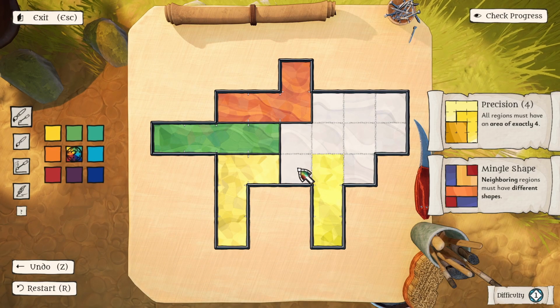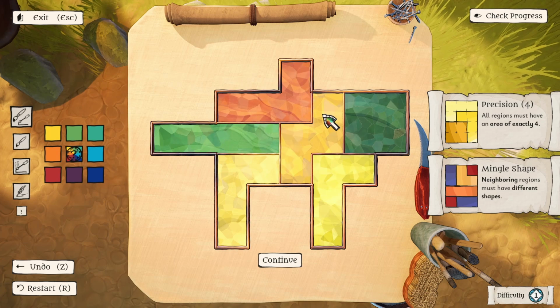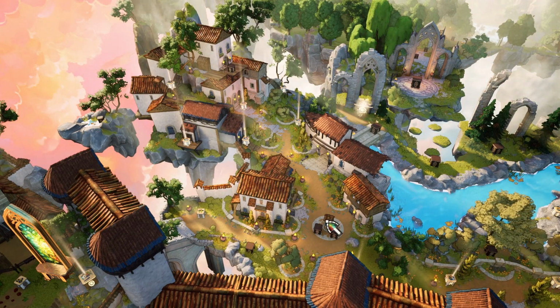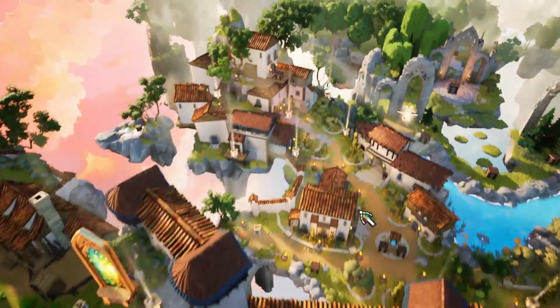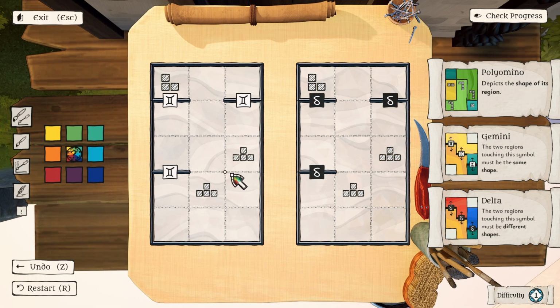It could take that, but that would make it the same shape. So it doesn't, which means this has to do that. And that. Which means this is another L. So that's not an L. It's between two L's. It's an S. There you go. Precision mingle shape combo.